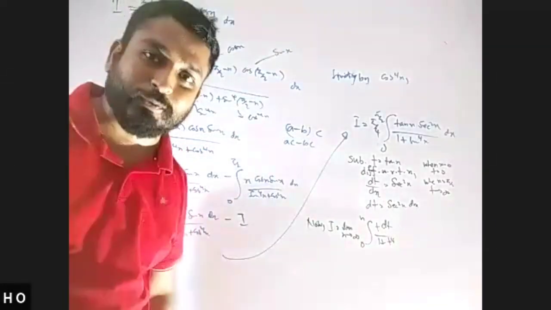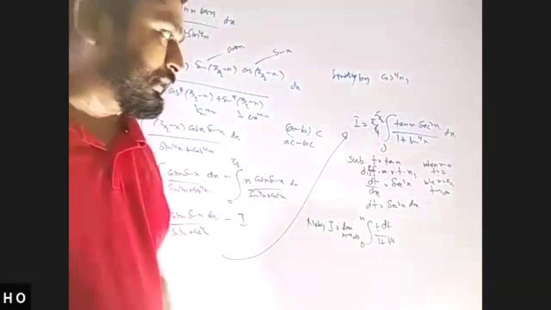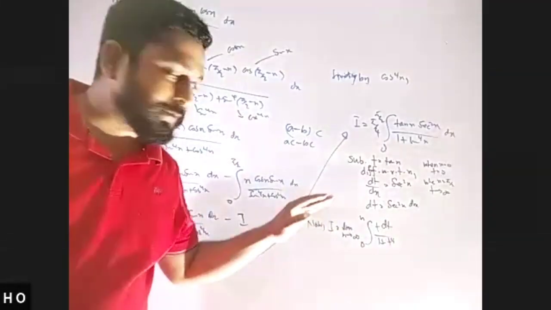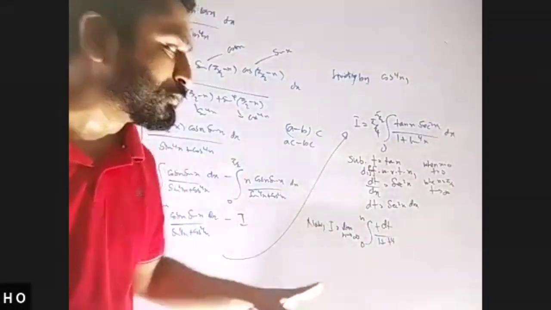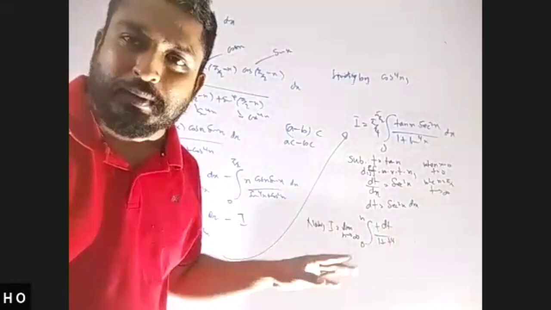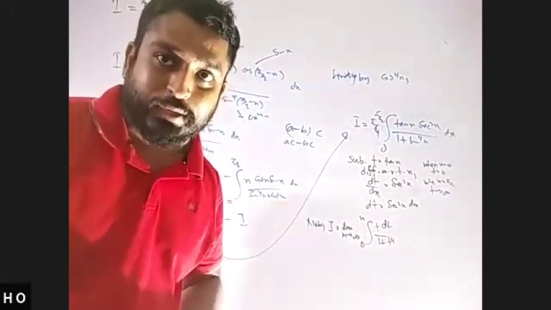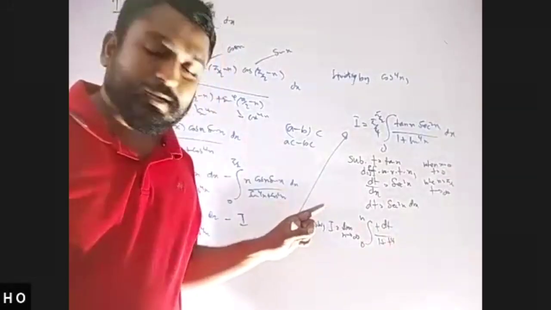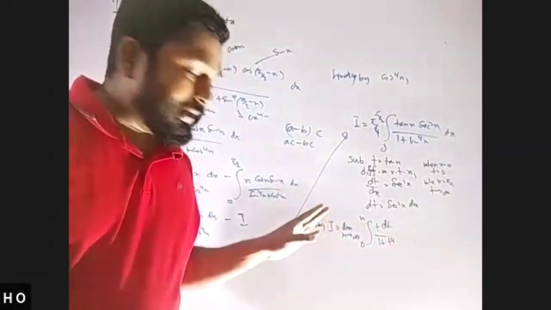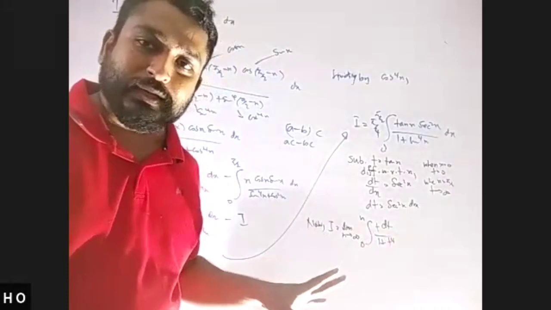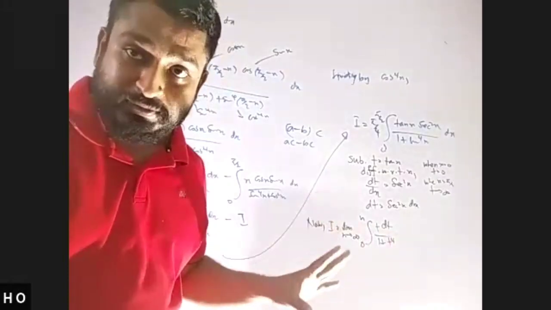What do you think now? Can you suggest me a method? Please suggest me a method, because looking at t over 1 plus t^4, it is a rational function to integrate. In integrating a rational function, the first option is f dash x over f x.